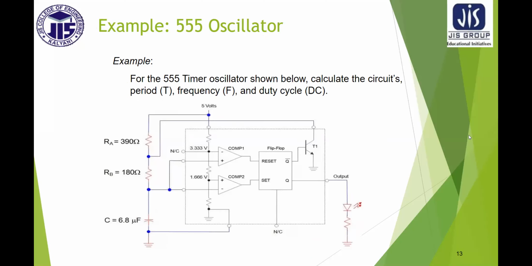From these, you can find out period, frequency and duty cycle. So using those equations, try to find out the answers and then we will go for the solution. We will check it with the solution given over here whether the answer is right or wrong.